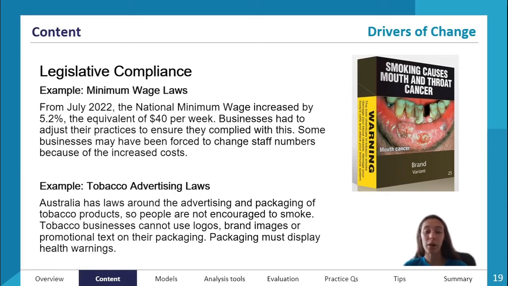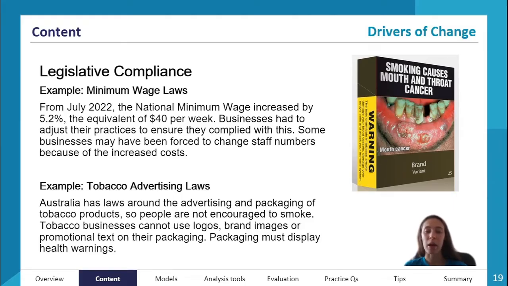And then tobacco advertising laws with cigarettes. So Australia has laws around advertising and packaging of tobacco products, and the idea behind that is making sure that people aren't smoking, and tobacco businesses can't use logos, brand images, or promotional text on their packaging.